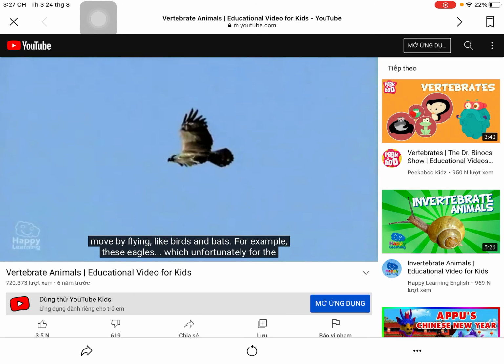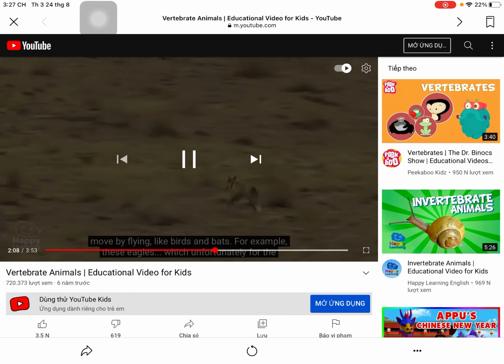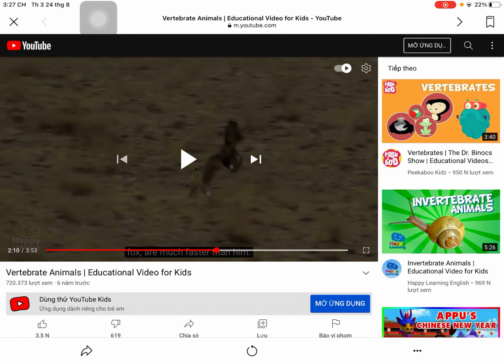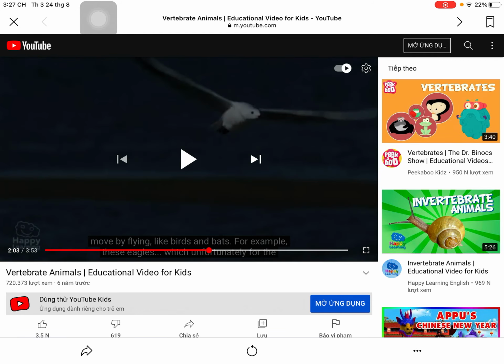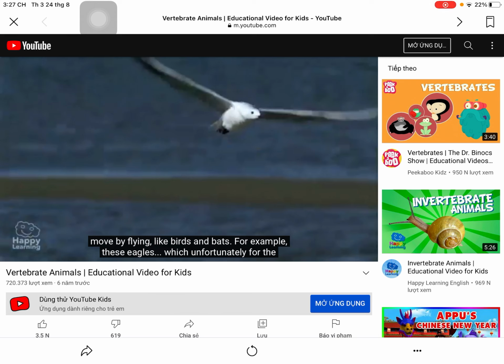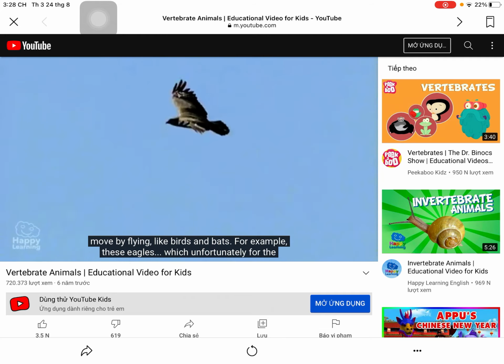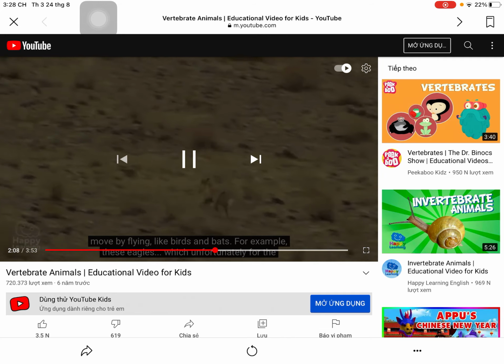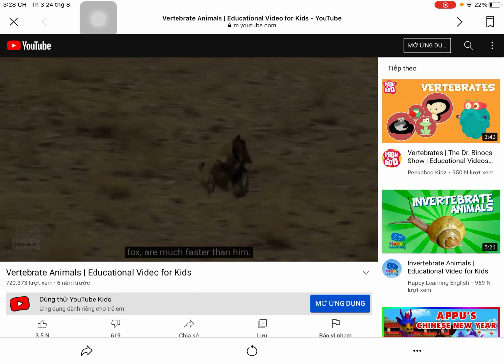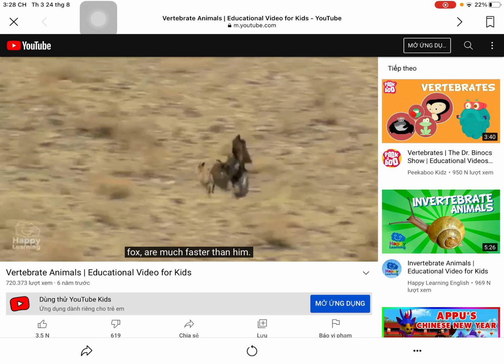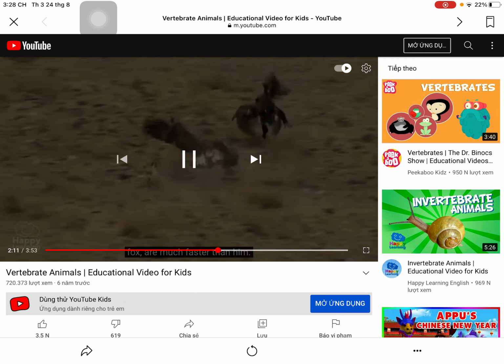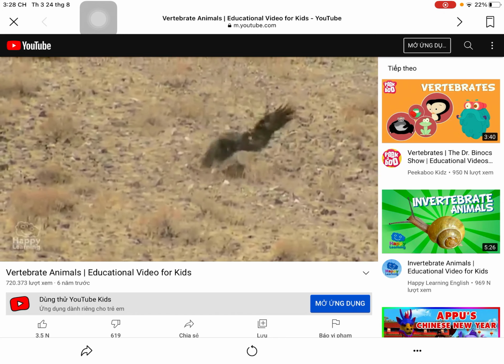For example, these eagles, which, unfortunately for the fox, are much faster than him.